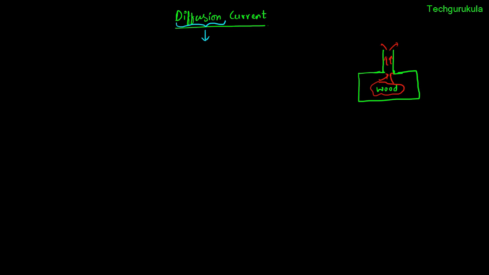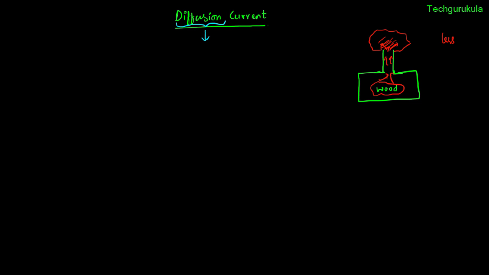And now when it is coming out, it tries to spread around, because the concentration of the smoke particles is higher at the outlet of the chimney, and the smoke particle concentration in the environment is far less compared to the concentration at the outlet of the chimney.